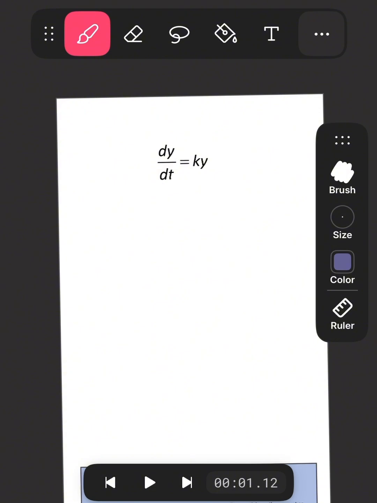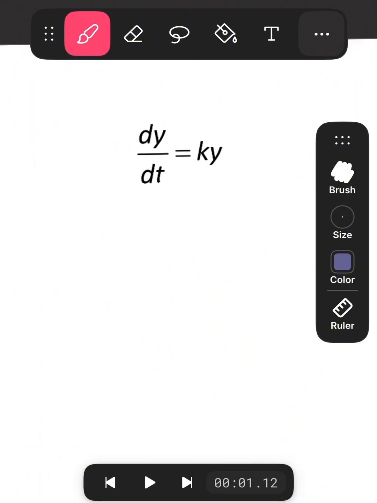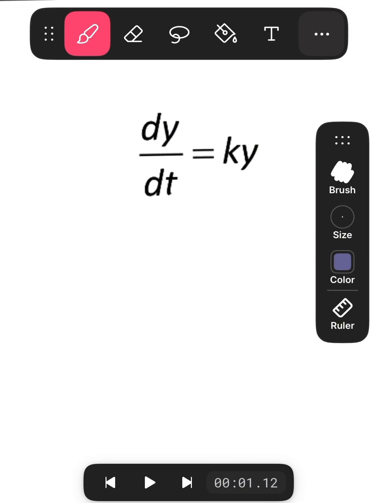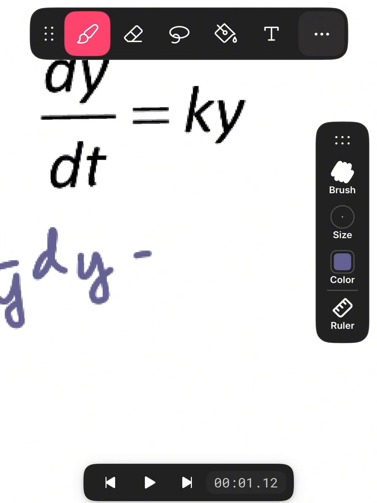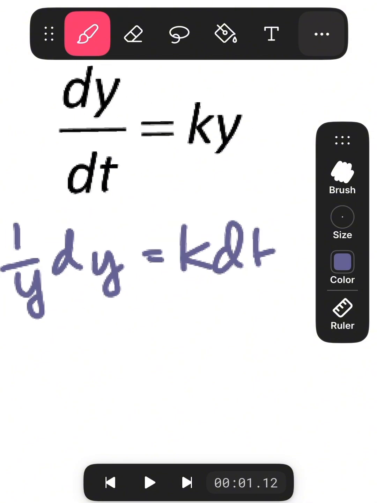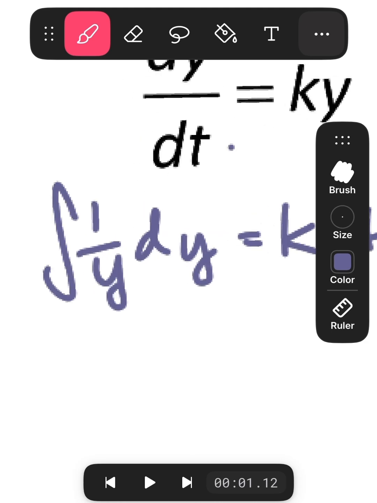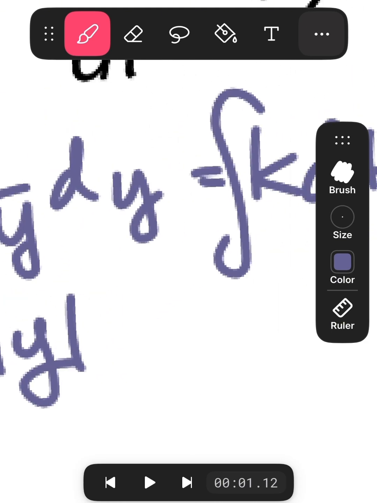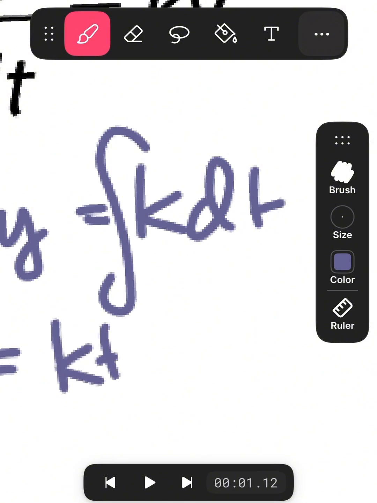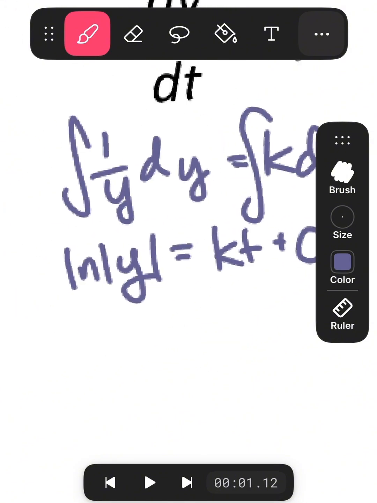So I'm going to go over this general solution for any problem of this type. I'm going to separate my variables and then integrate. When we do that, we get ln absolute value of y equals kt plus c.